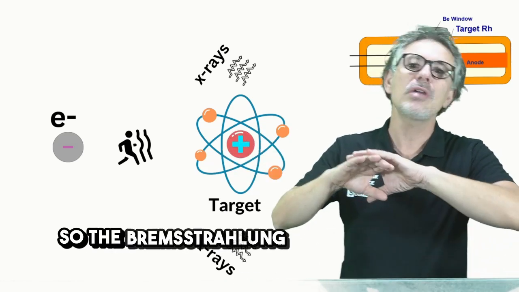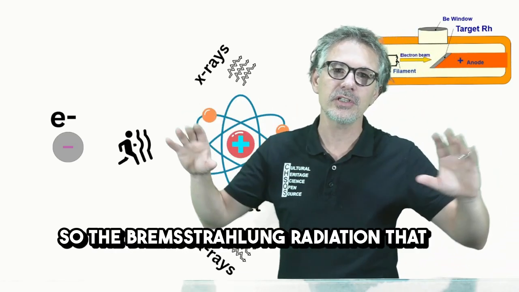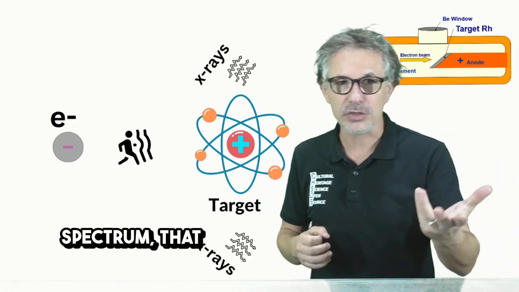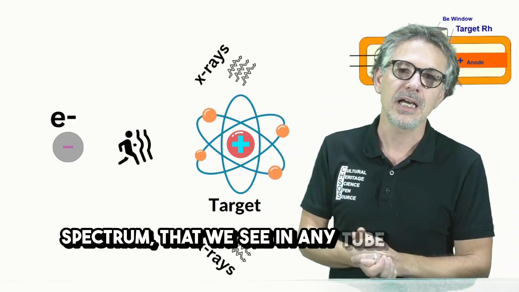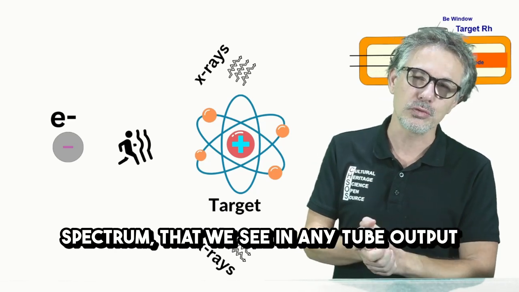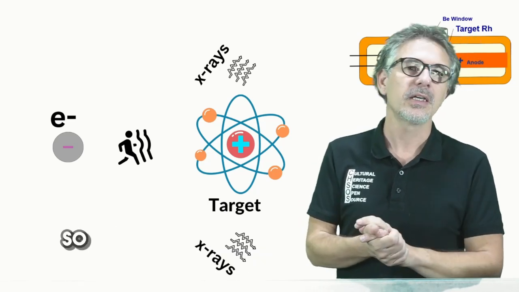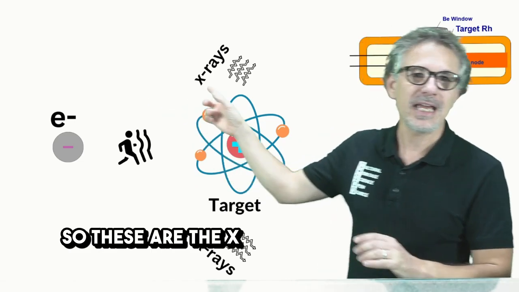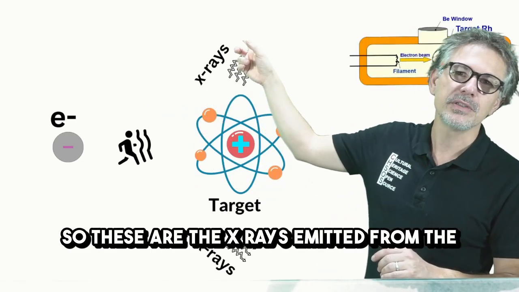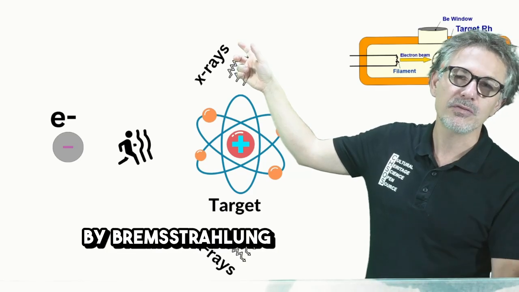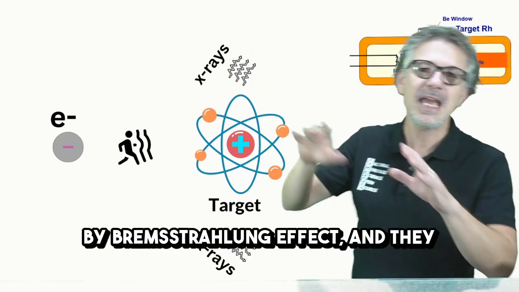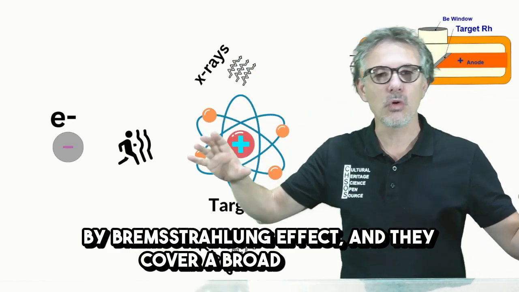So the Bremsstrahlung radiation that we see in any tube output spectrum.